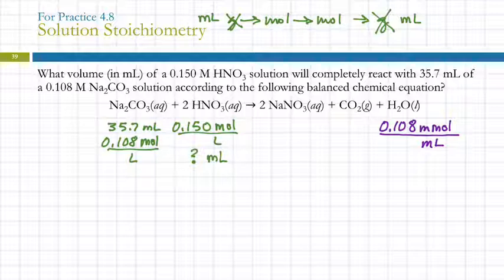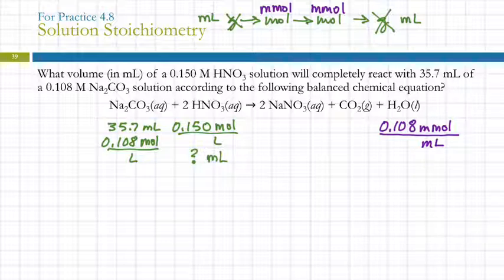And so by using milli, the numbers get nicer, and the units work out better. So let's just keep this in mind. What we've got here, we've got milliliters and milliliters. If I go to millimoles and millimoles in the middle, then all those millis are going to take care of themselves, and I don't have to multiply by 10 to the minus 3 and divide by the 10 to the minus 3.